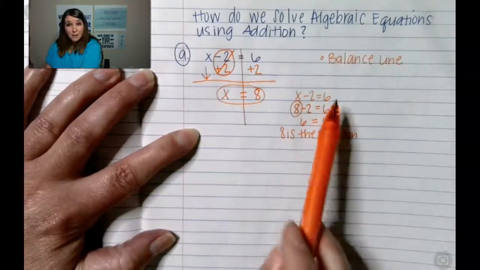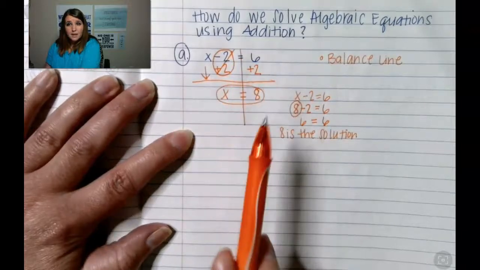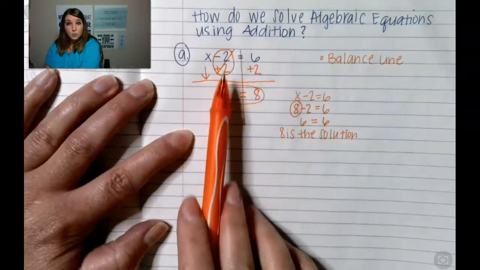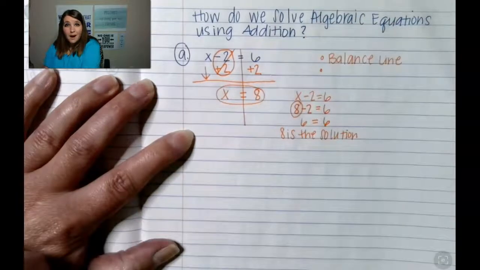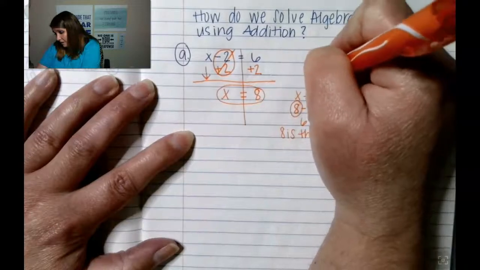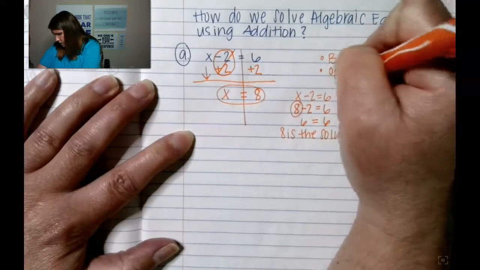Okay, so let's go back and talk about what we did. We had a balance line, and then we undid subtraction by doing the opposite. So we performed the opposite operation. So we added, right? Opposite operation.